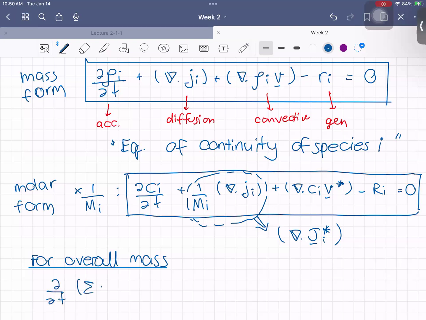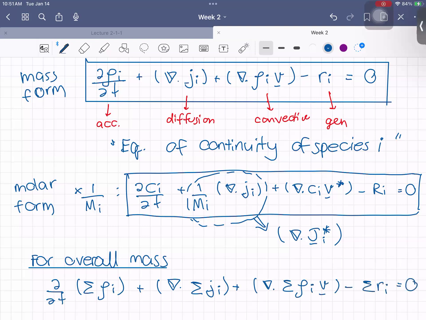So I'm going to use the sigma sign: del dot sigma j_i plus... So if you consider overall mass, you just need to sum it all up in each term.